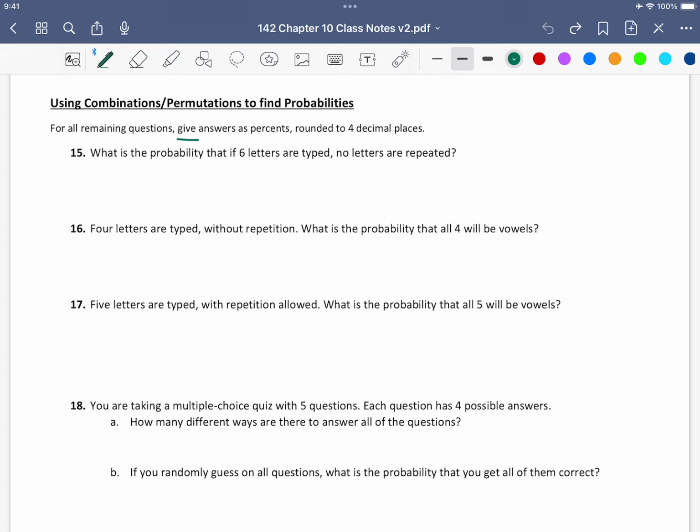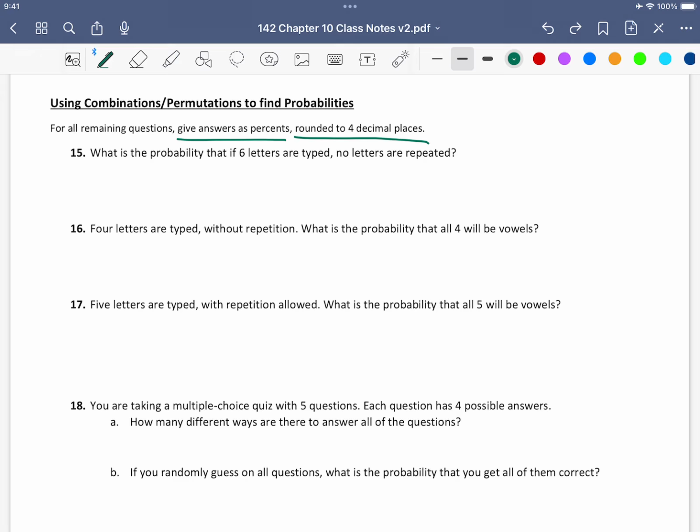Notice that we're going to give our answers as percents rounded to 4 decimal places. Number 15 asks, what is the probability that if 6 letters are typed, no letters are repeated? Before I go through this problem, I want you to carefully notice the difference in the wording. Number 15 says we're just typing 6 letters, with no restriction.